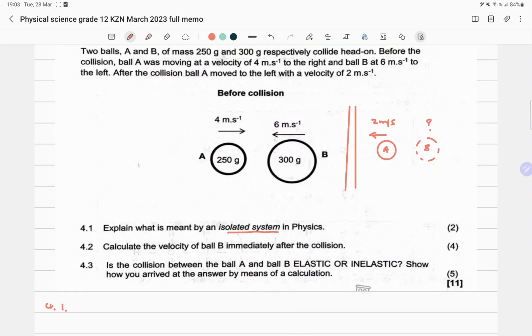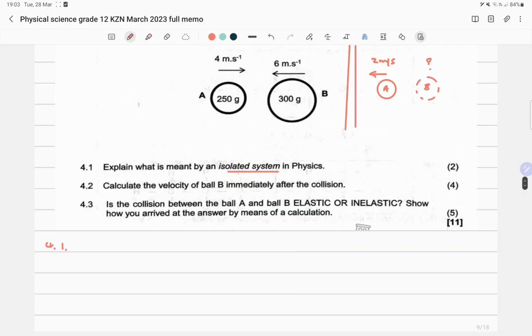Explain what is meant by an isolated system in physics. Again, textbook work, guys. You cannot be caught out by questions like this.